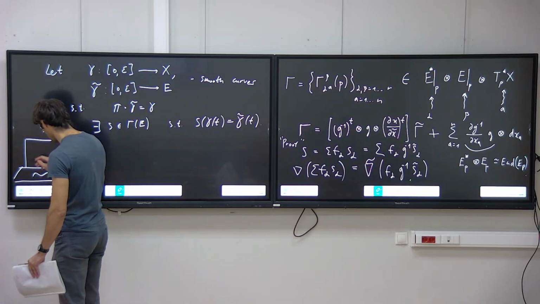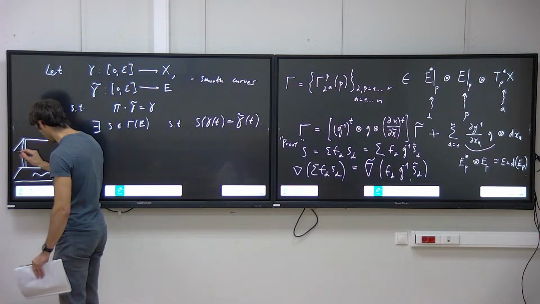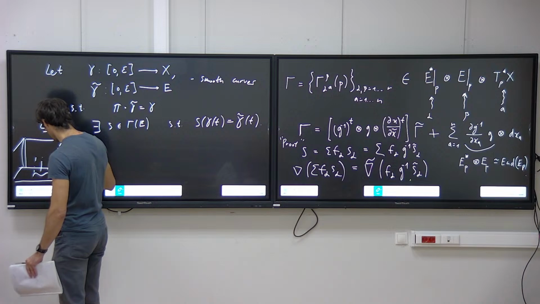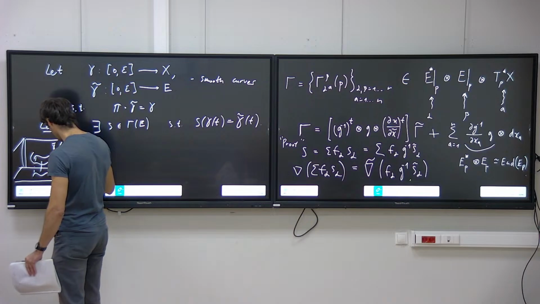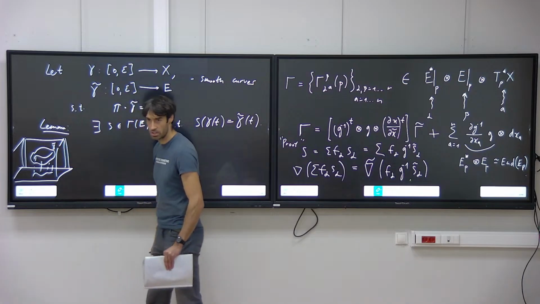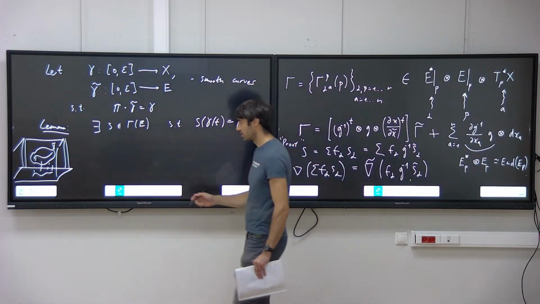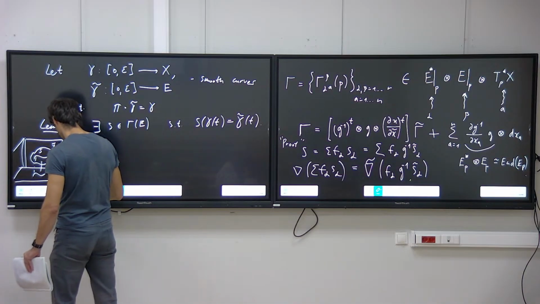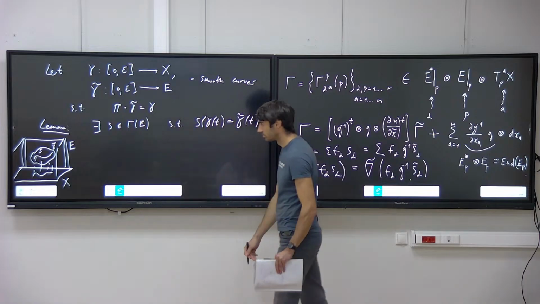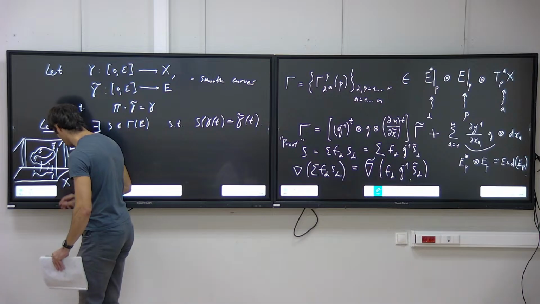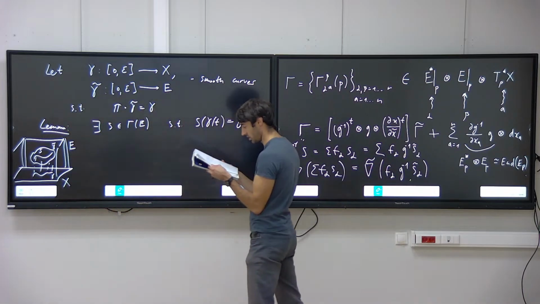This is a 3D picture. This gives me at the top some curve gamma tilde, and I can extend this to a whole section such that it goes through gamma tilde. So this is my S, this is E, and this is gamma. I don't know if this picture is helpful. If not, then forget about it.